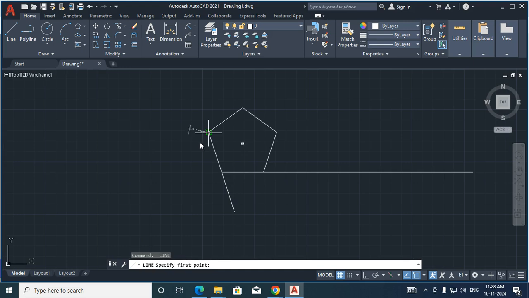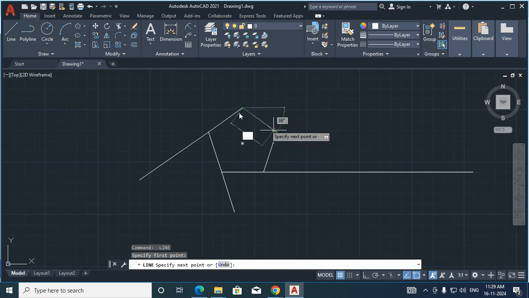The second line should be around 80. So we give 80.